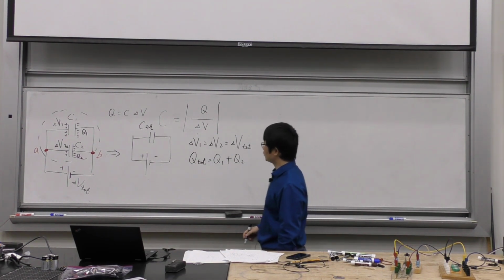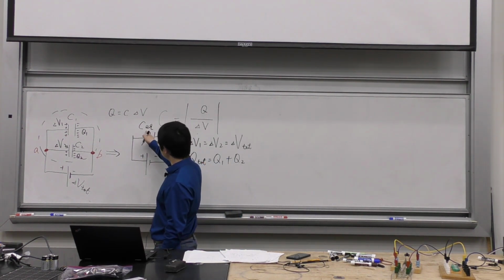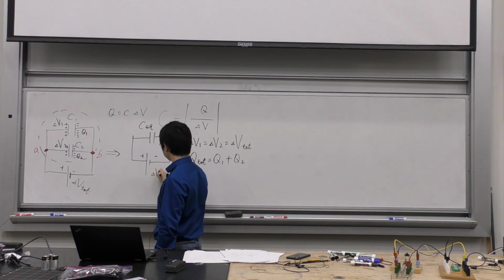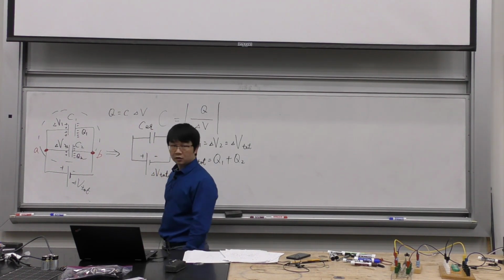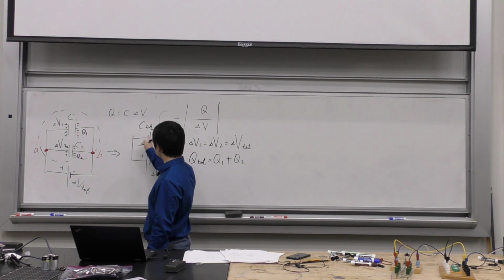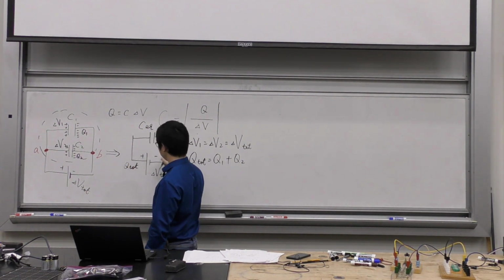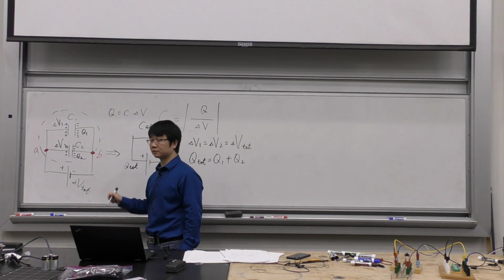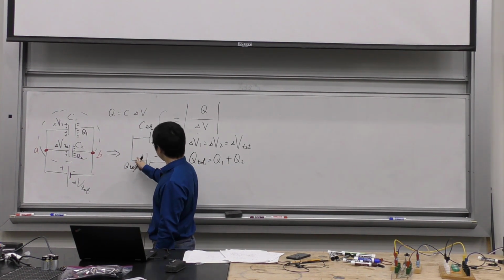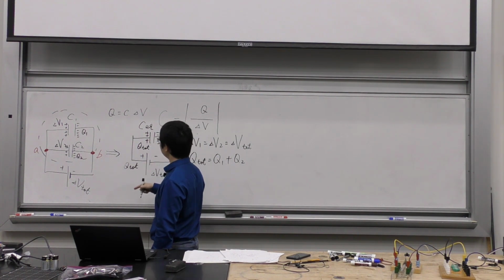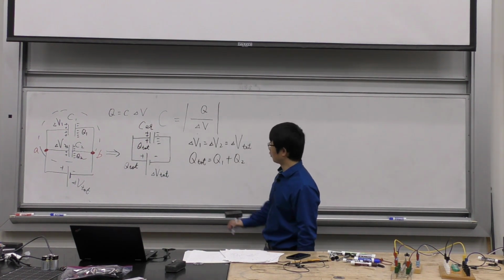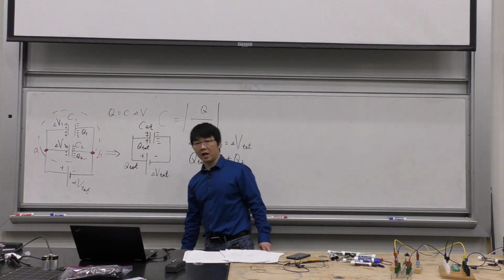So take a look at CEQ. If CEQ is connected to the battery, it still has the same voltage and still provides the same charge to the circuit, if we assume they are totally equivalent. In this case, all these charges are on CEQ, so CEQ gets Q total on each plate: positive Q total on this plate, negative Q total on this plate, all from the battery.